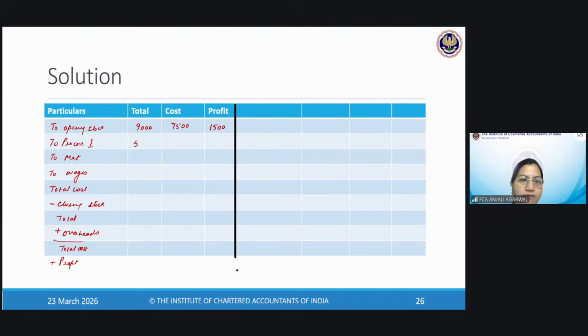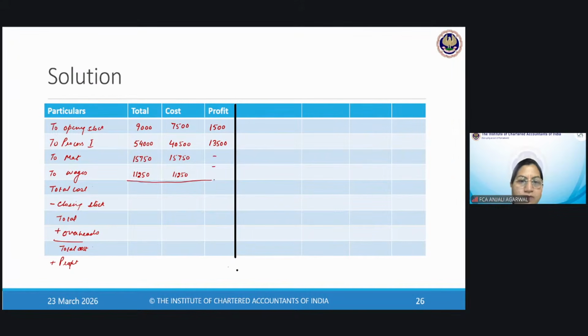From process 1, 54,000 worth of goods have come here, which is costing 40,500, which has an inter-process profit of 13,500. Then material has been introduced of 15,750. Wages have been introduced 11,250, which is pure cost. No profit is involved here.